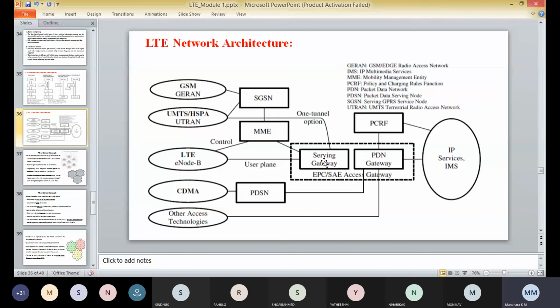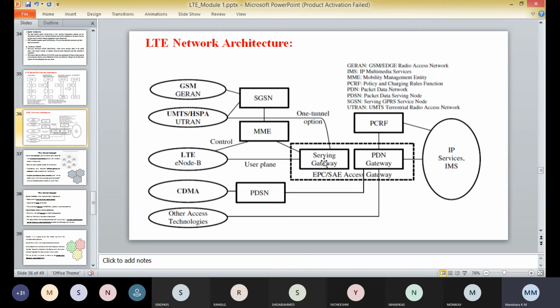Next, the third element is the mobility management entity. It performs the signaling and control functions to manage the user terminal access to network connections, assignment of network resources, and mobility management functions such as idle mode location tracking, paging, roaming and handovers.